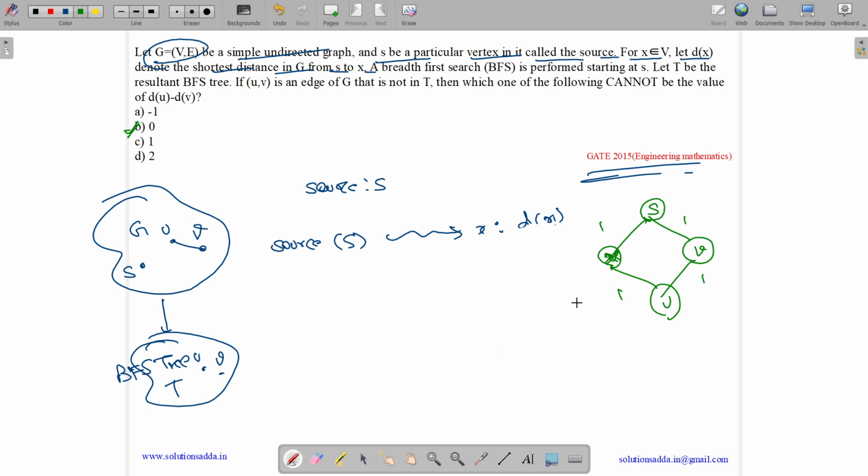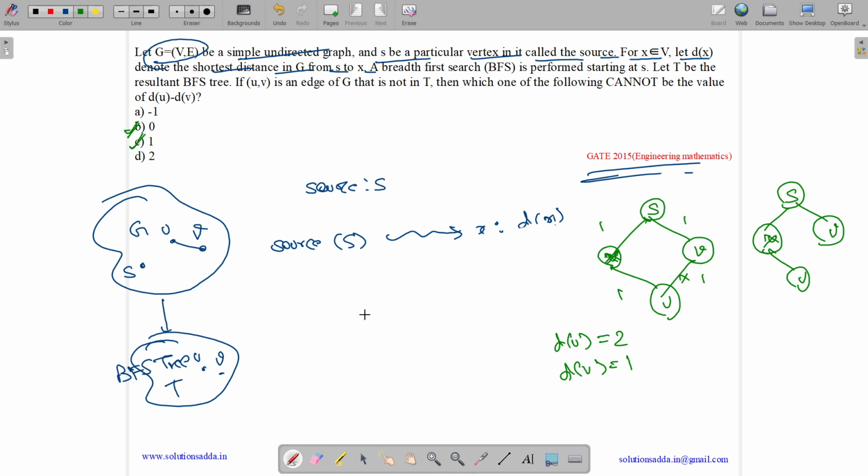Now see, what is our du? Du is the distance from S to U, it's 2. dv is 1. And what is our BFS? BFS won't have the UV edge. So BFS can have edges like this and UV won't occur in the BFS. And what is du minus dv? It's 1. So 1 is also possible.